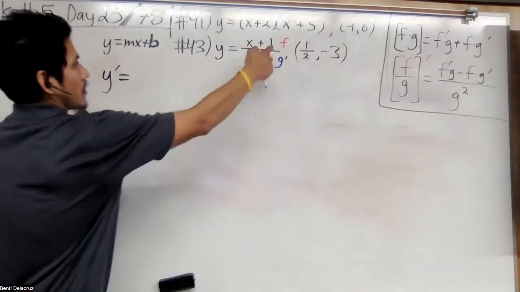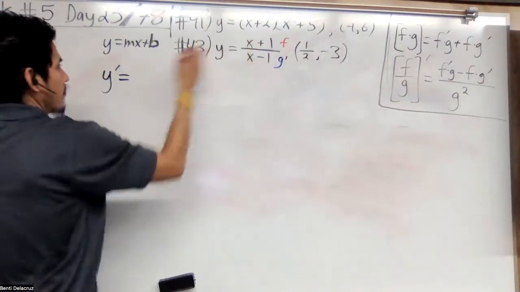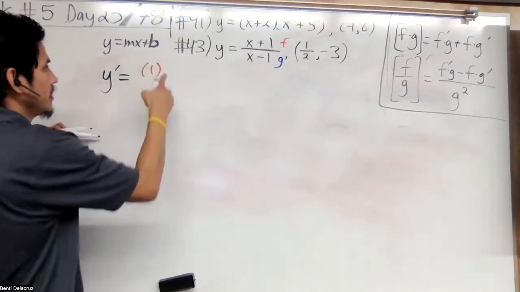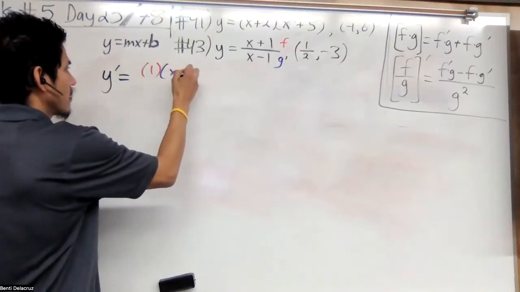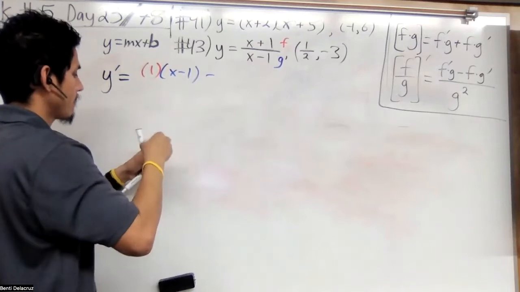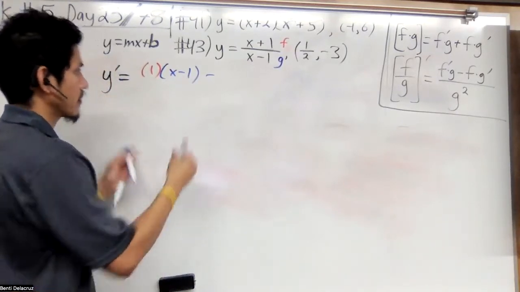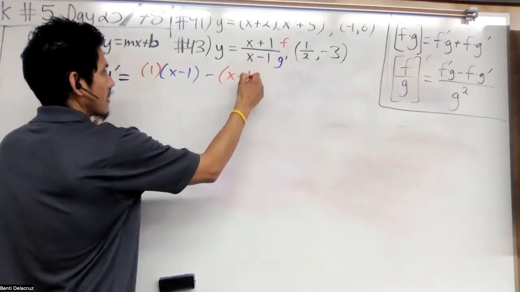So the derivative of the top will just be 1, times g, just leaving g the way it is, times x minus 1, minus f, so minus x plus 1.